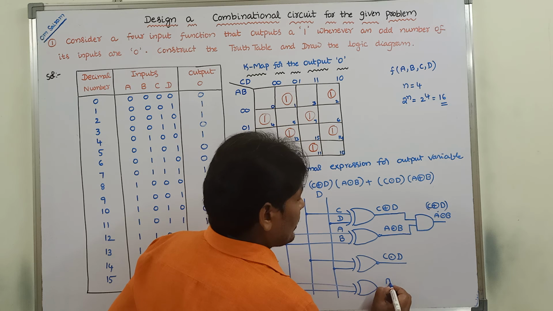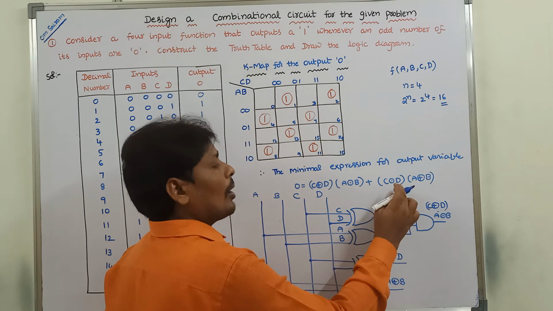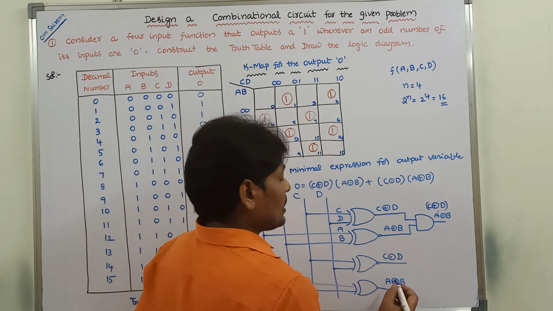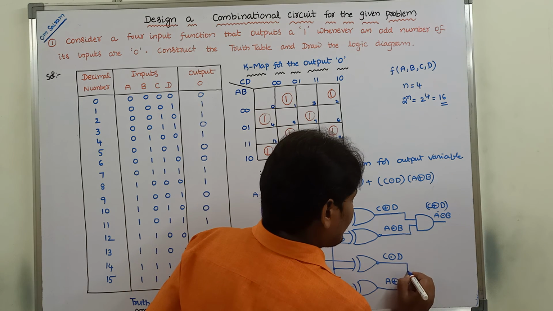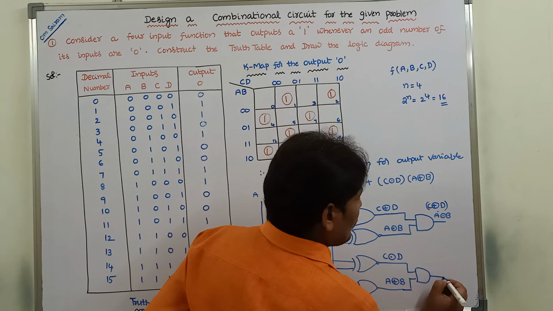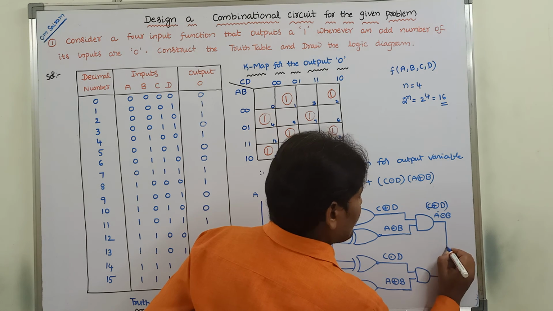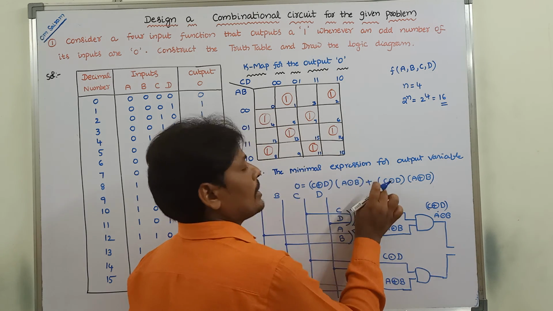So here this is A exclusive OR B. So these two are producted. That means these two outputs are sent to the AND gate. Now these two outputs are sent to one OR gate.